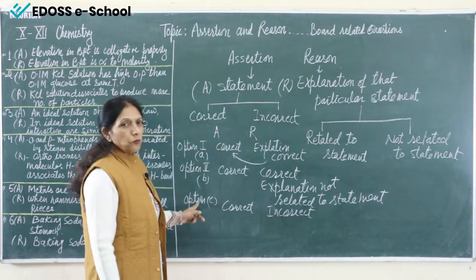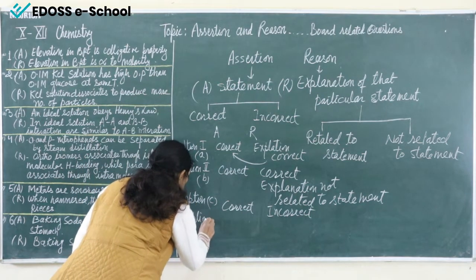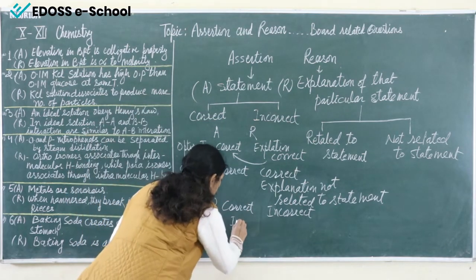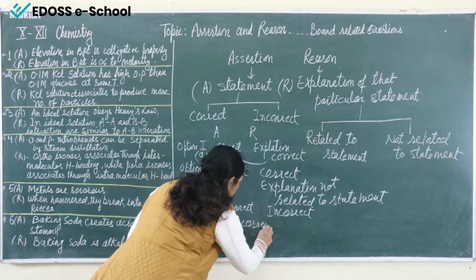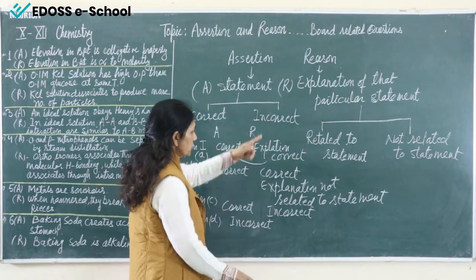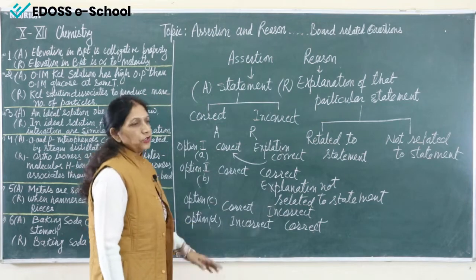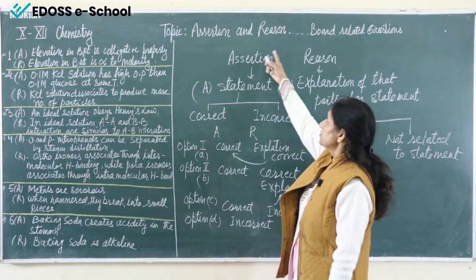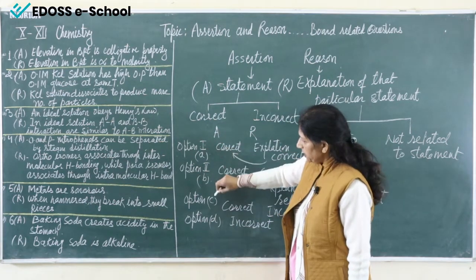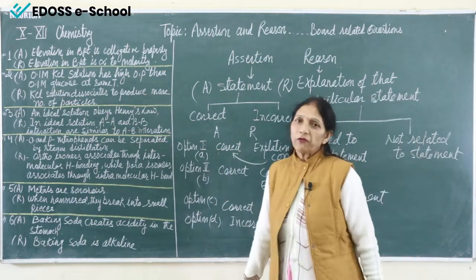Then we will say option C. Now for option D, the statement is incorrect and the reason is correct. Then option D. So in this way, in such type of question we have four options A, B, C and D, and according to this we have to opt for the option.